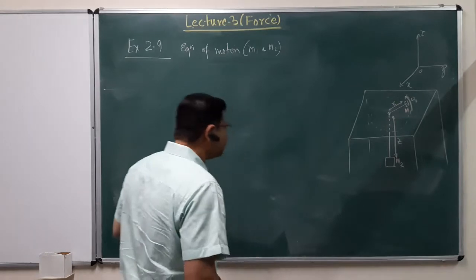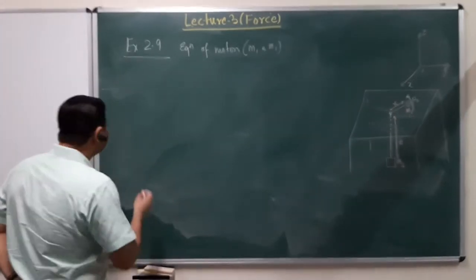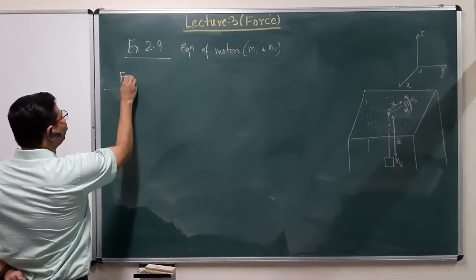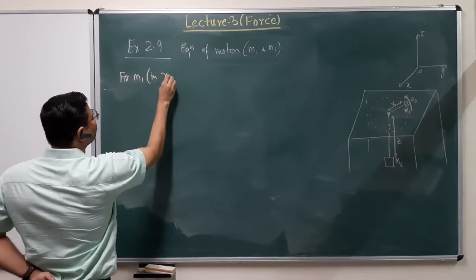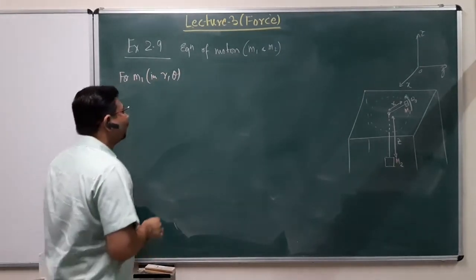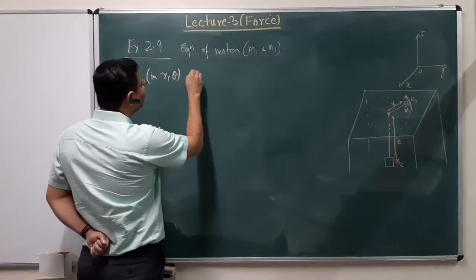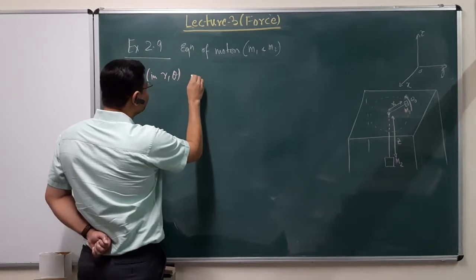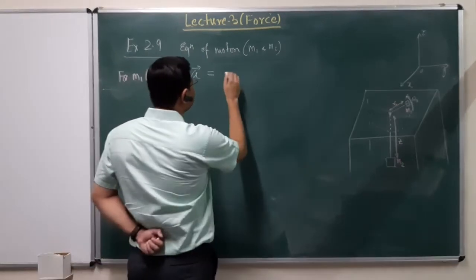With this knowledge, I can simplify the problem slightly, and I can write down the equation of motion for m1 in the r theta coordinate system, your plane polar coordinate system. We already know how to write that. In the r theta coordinate system, we know that acceleration is given as this.